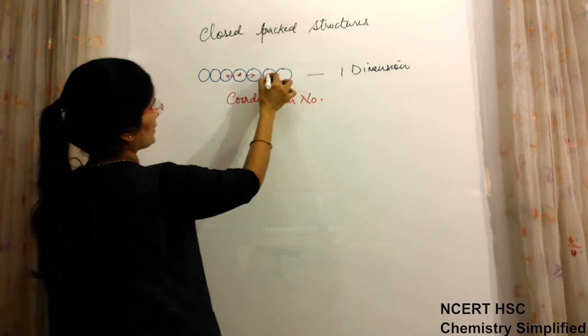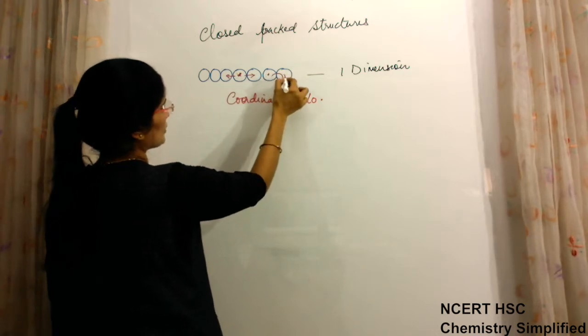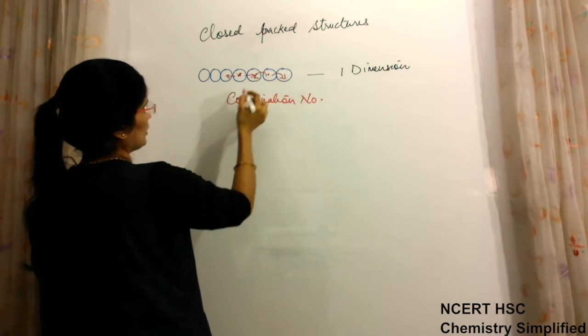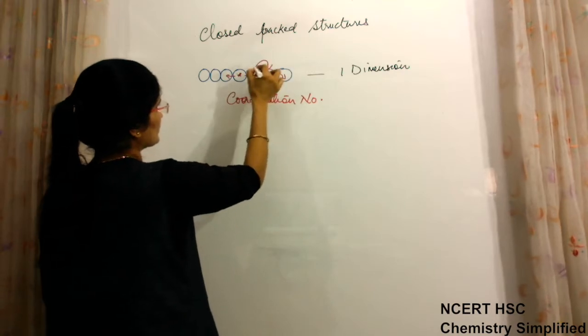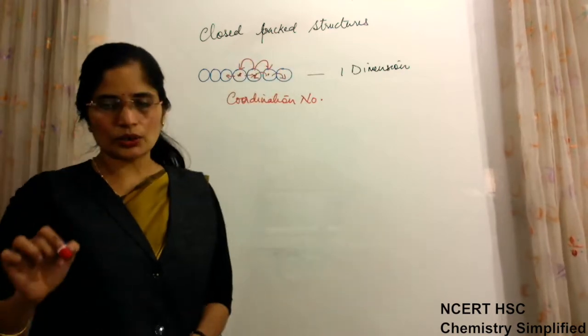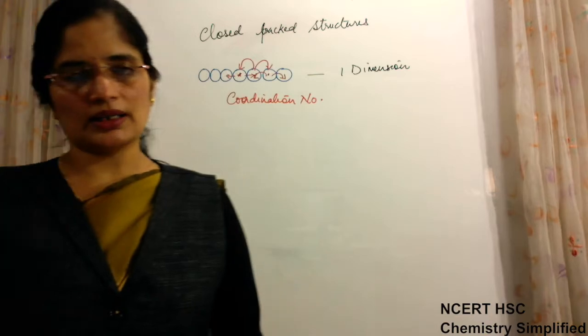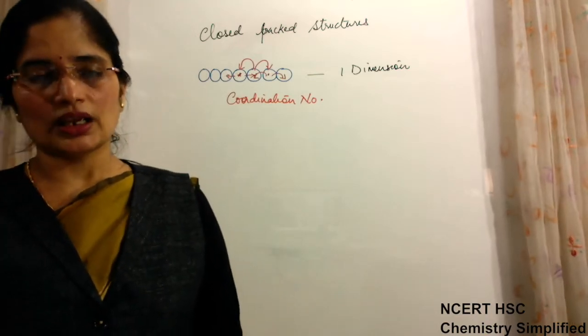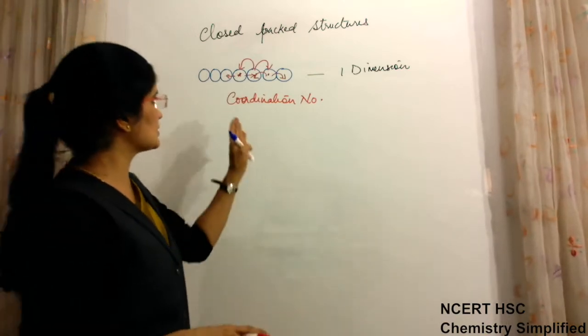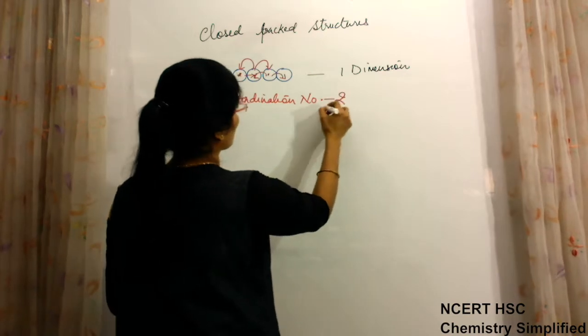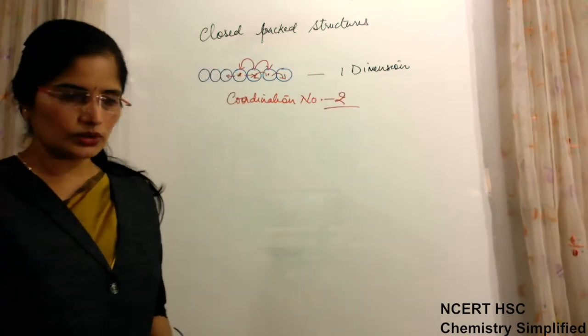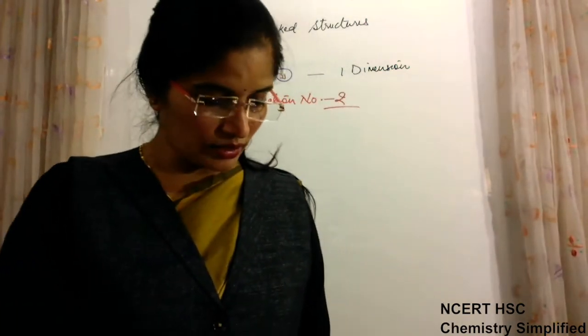If you see this particle, it will be the same. It is in contact with this or this. So the coordination number of each particle in one dimension is 2 because it is in contact with two other particles.